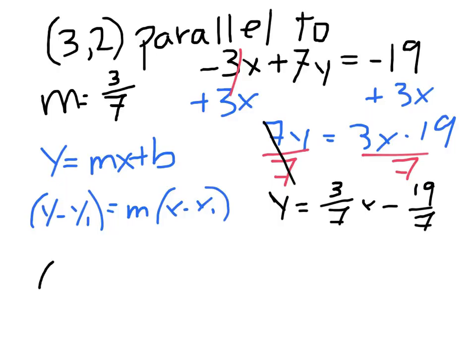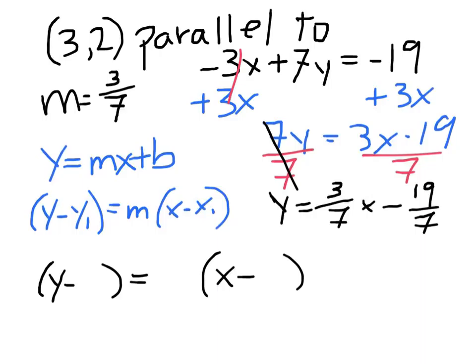So that means it's y minus something equals m times (x minus something). And then we're going to put in the m right there. We see that the m is the 3/7, so we'll put that right there, 3 over 7. And then our y that goes there is the y from up here, (3, 2). So that's the 2, and then the x is the 3.